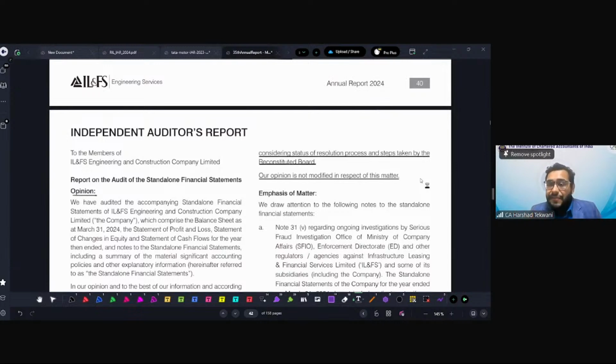Simply, we specify the conditions on the basis of which we are saying there is a material uncertainty. We point out the relevant note from the financial statements where the material uncertainty is disclosed. We specify why we say the use of the going concern basis of accounting is appropriate, and this is a very important part. At the end, we say that our opinion is not modified with respect to this matter.